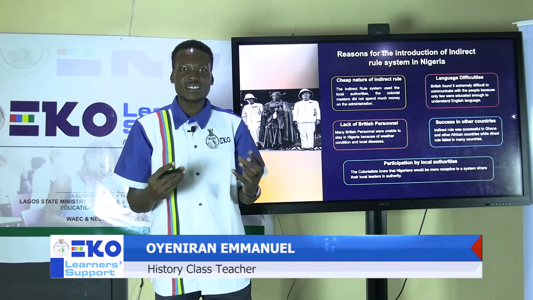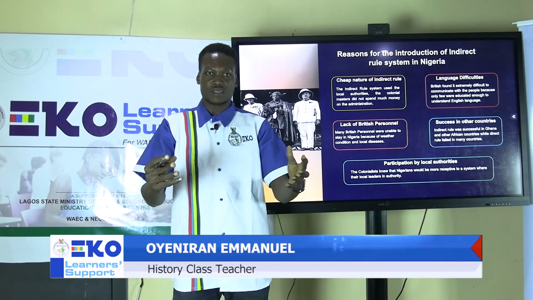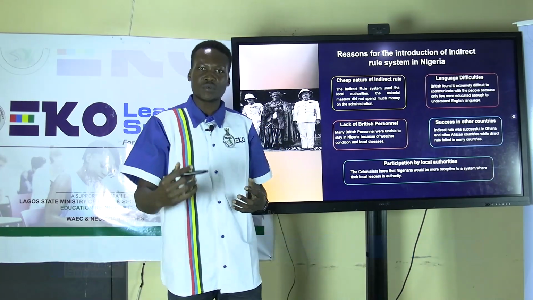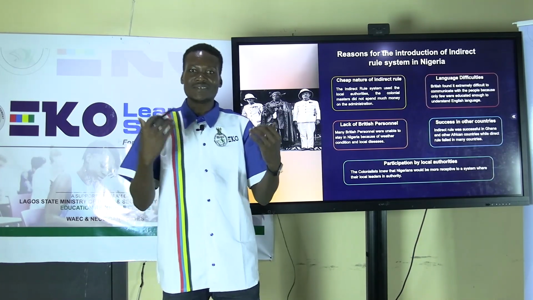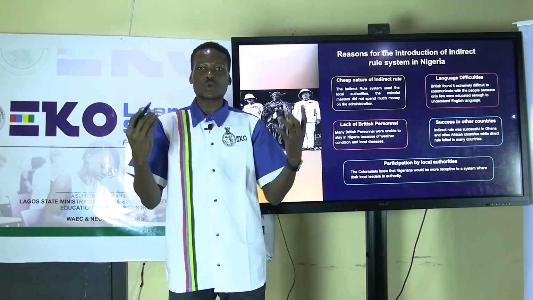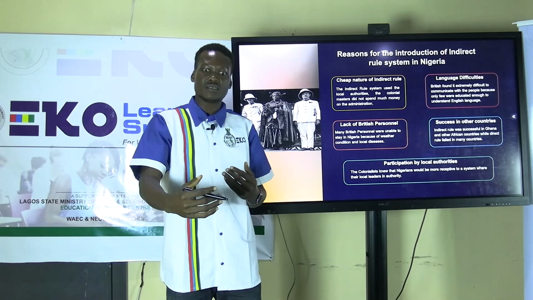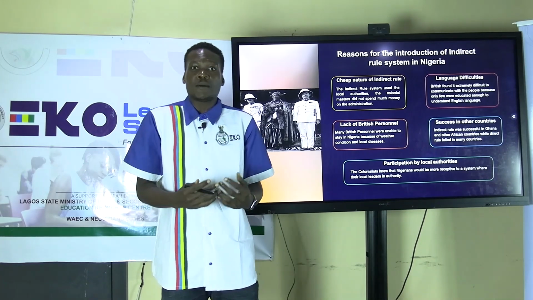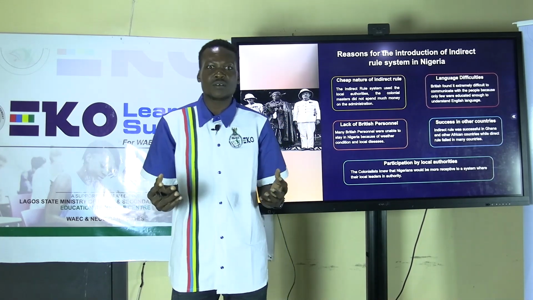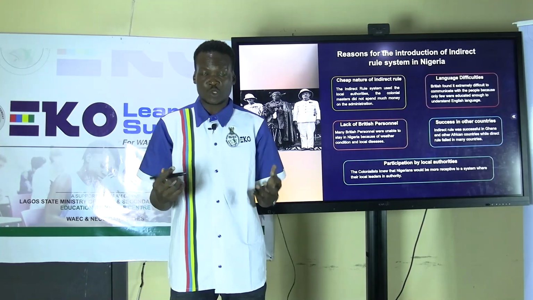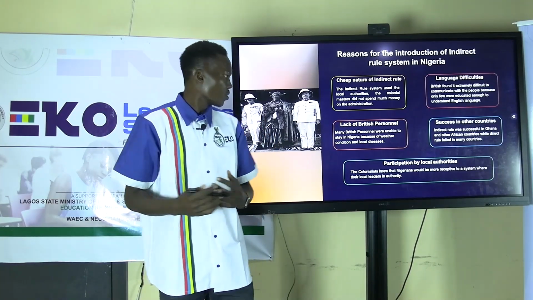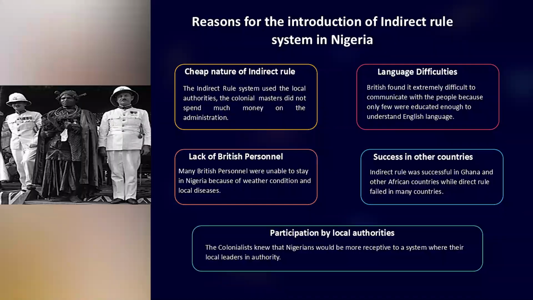The colonialists found it very difficult to communicate with the people. So that was part of the reason why Lord Lugard thought that yes, we can make use of the traditional rulers, most of whom were educated to a certain extent.